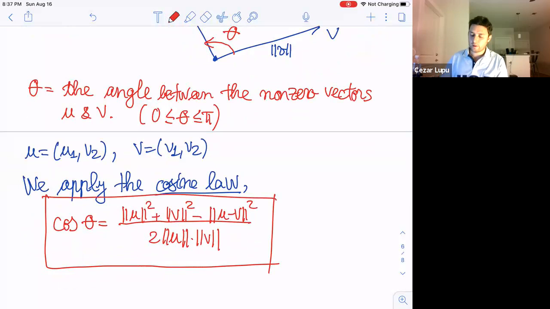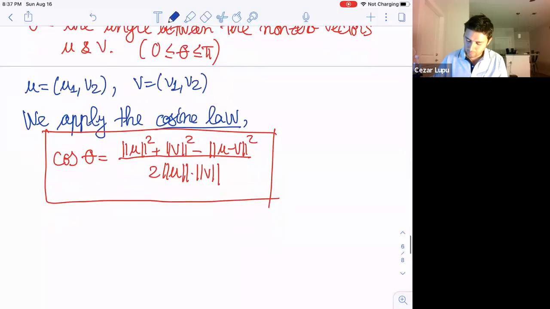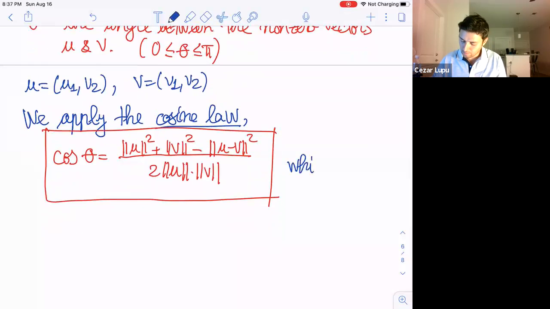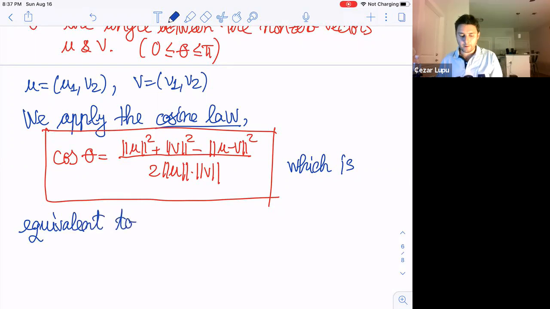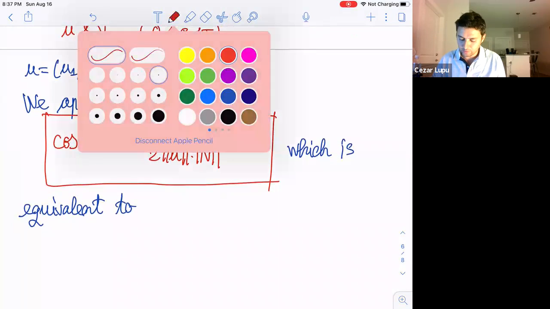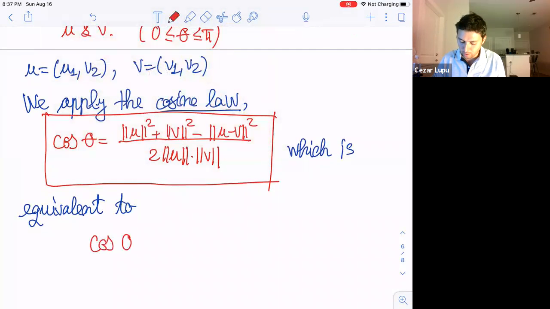And equivalently, which is equivalent to the following, we can express the cosine of theta in this way.